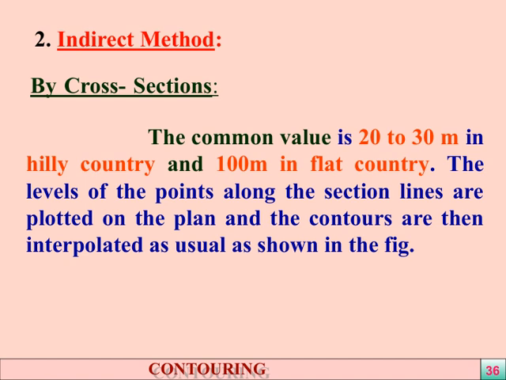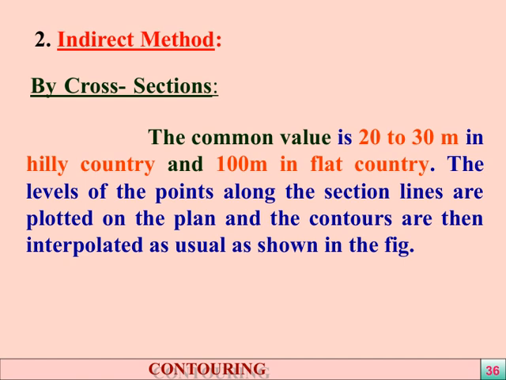Moving on to the indirect method, specifically when we're using cross-sections, this approach allows us to generate contours without measuring every single point directly on the ground. By taking cross-sections at regular intervals, we can record the levels at key points along each section. Then, by connecting these points, we interpolate the contours across the area.